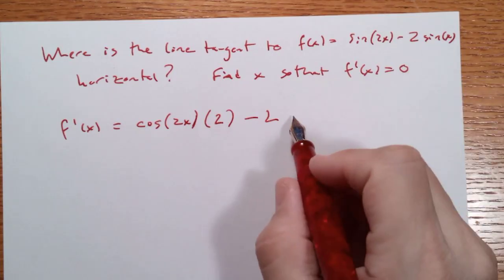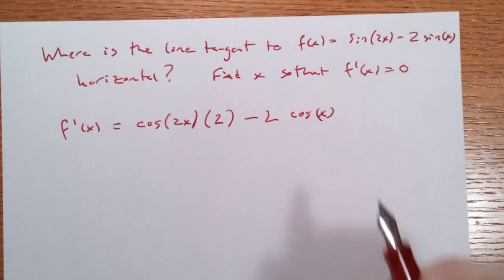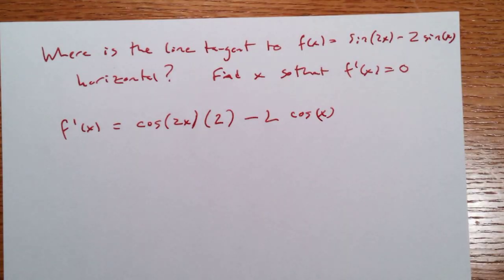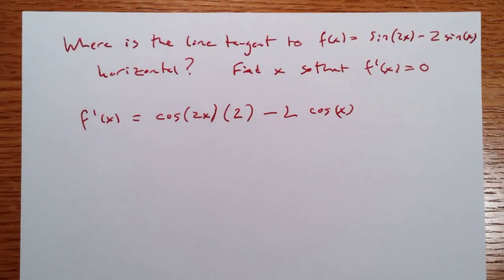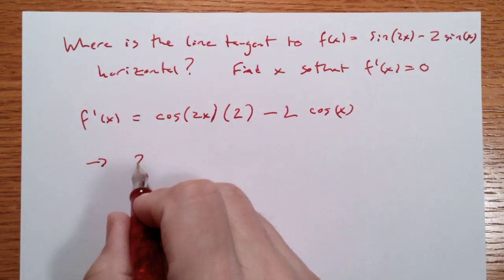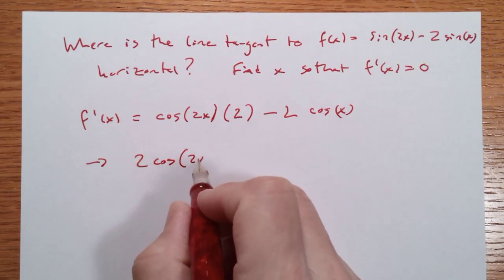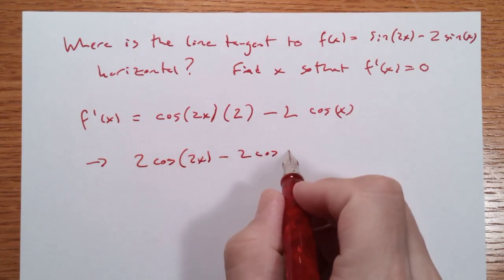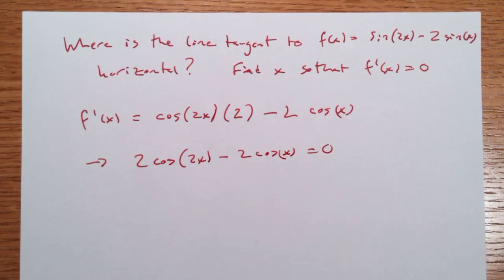The derivative of sine x is cosine x. Now, I need to set this equation equal to 0. Okay, 2 cosine 2x minus 2 cosine x equals 0.